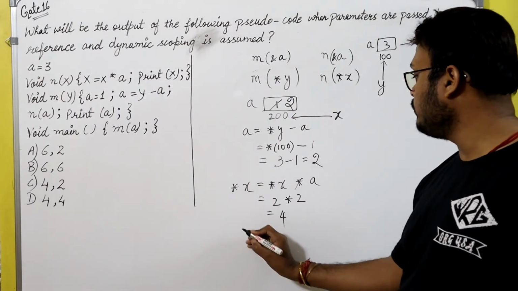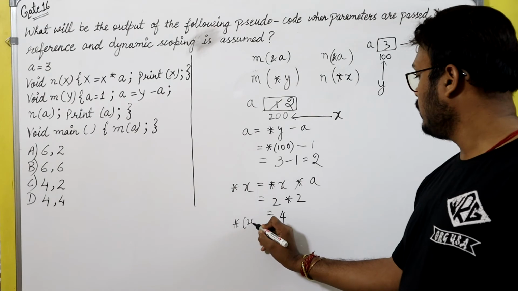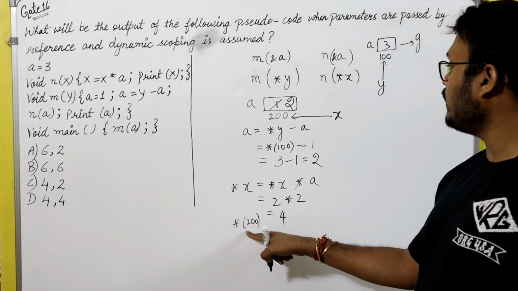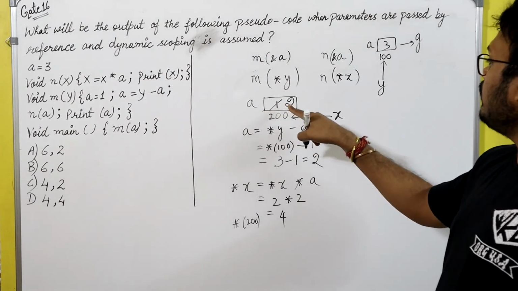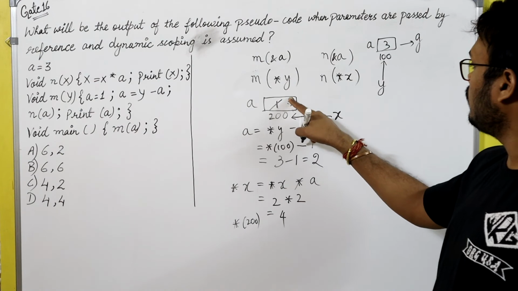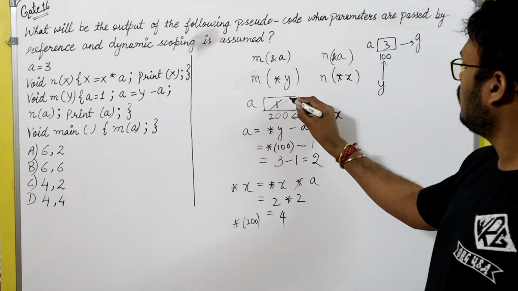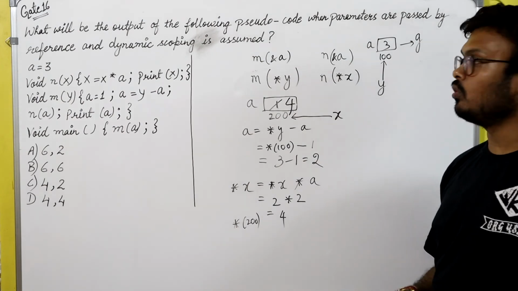Because star of x means star of 200. So the value at the address 200 is 4. So the value of this A has become 4.